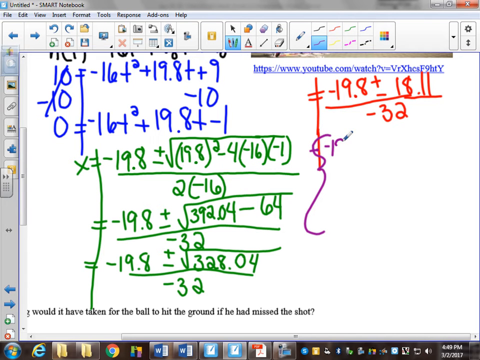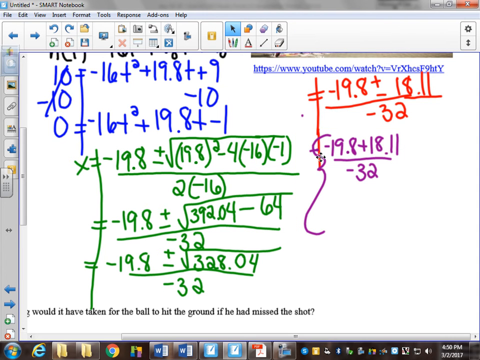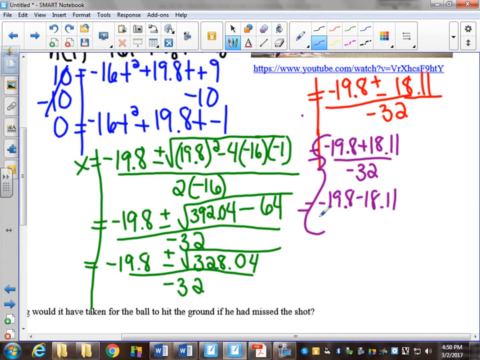We're going to have negative 19.8 plus 18.11 divided by negative 32. Oops. And we're going to have negative 19.8 minus 18.11 all divided by negative 32.